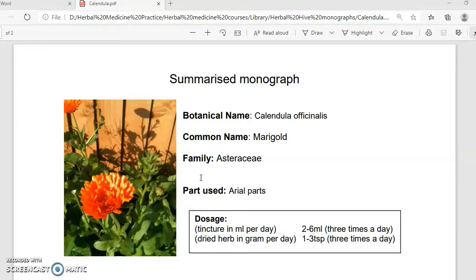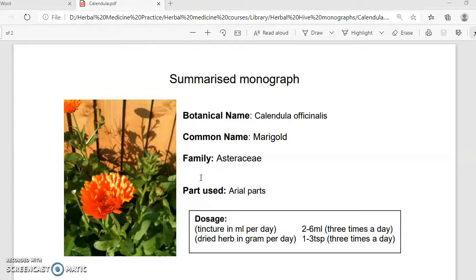And on more advanced monographs, you'll find research. So when this herb was studied scientifically, either in a lab, biochemically, what was found, or was it actually studied within a research trial? So say they gave 20 people with IBS chamomile, for example, and what were the effects of that?